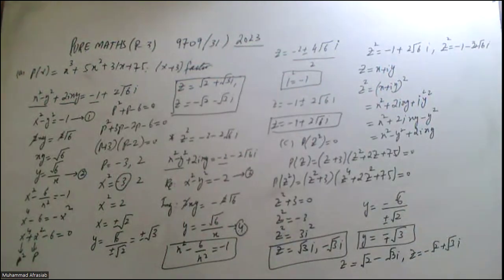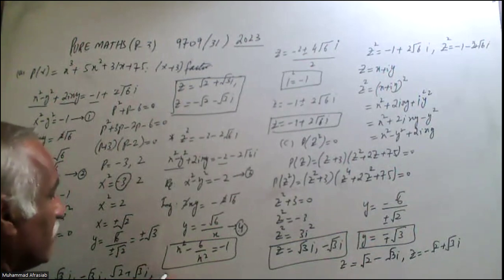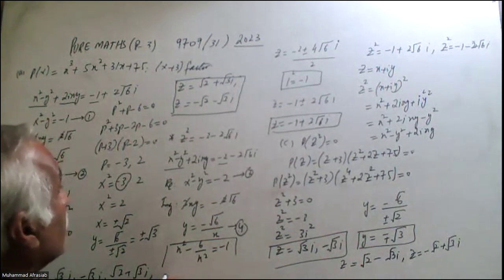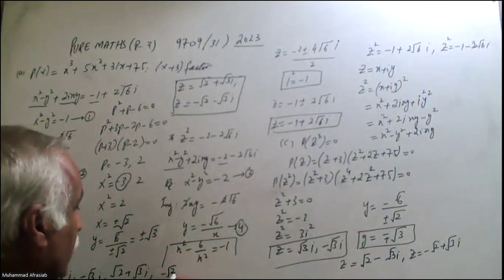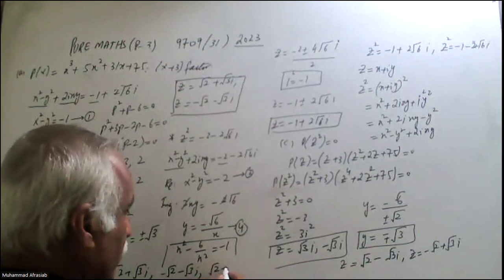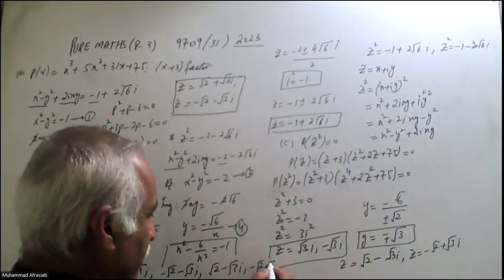So there are possible answers for this problem, which are going to be written like this: z is equal to root 2 plus root 3 iota, minus root 2 minus root 3 iota, root 2 minus root 3 iota, and minus root 2 plus root 3 iota.